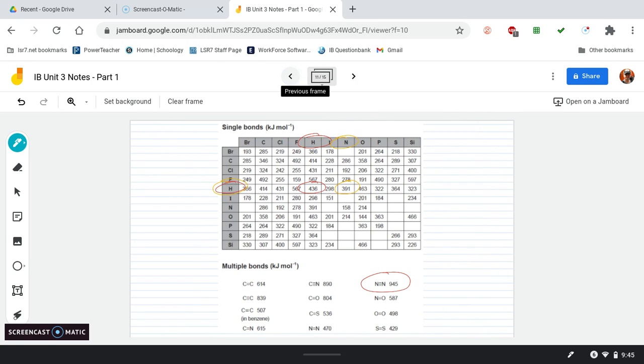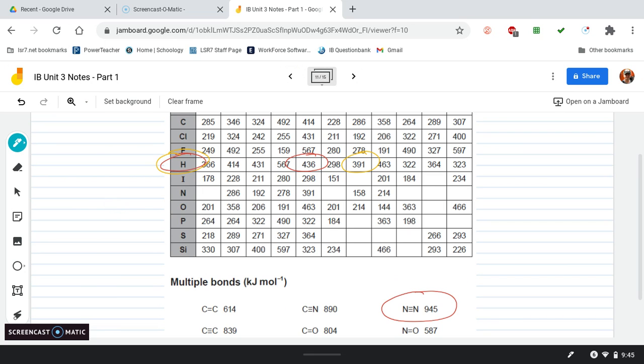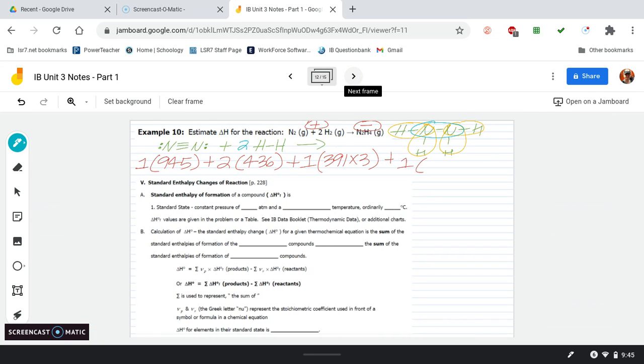Nitrogen-nitrogen single bond. So let's go ahead and zoom in here. And, oh, there's nitrogen again. And there's nitrogen. So looks like 158. All right, so 1 times 158.